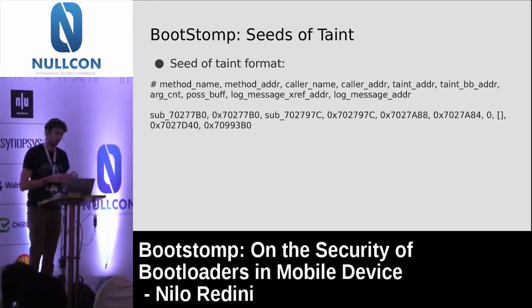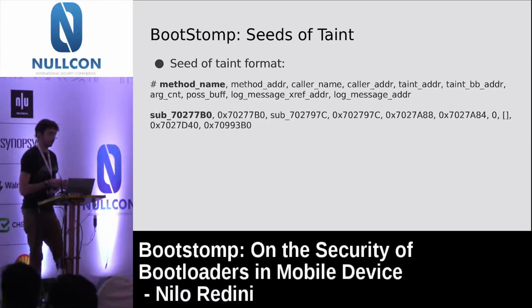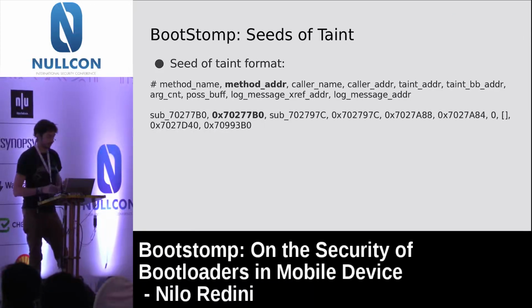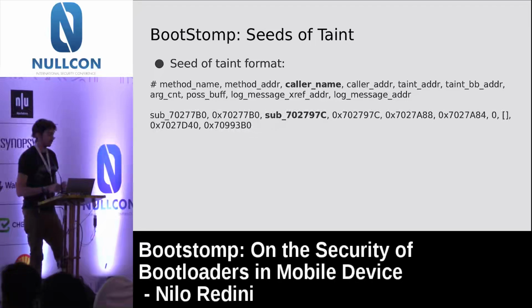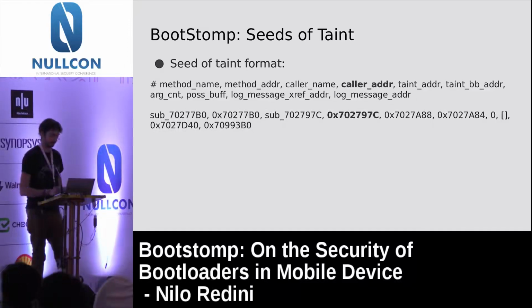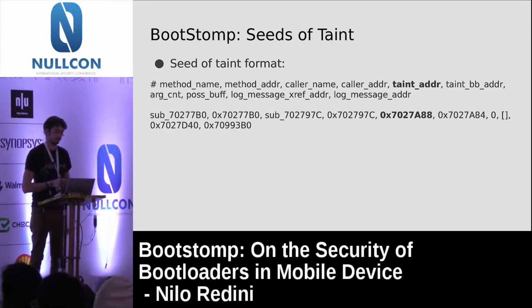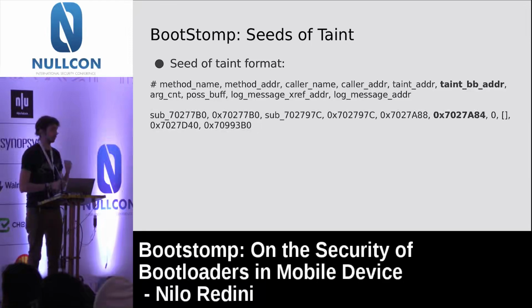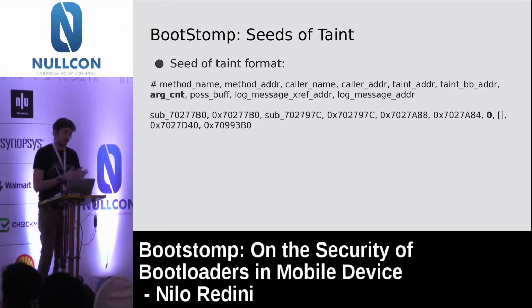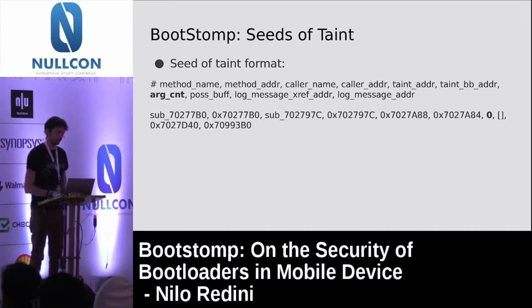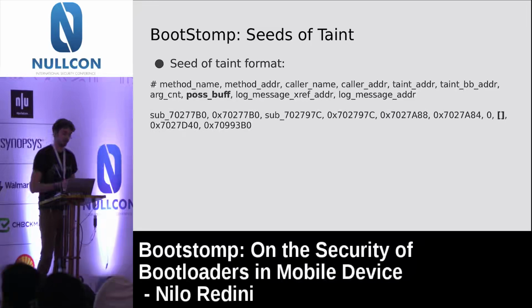Okay, the output produced by this very first step of our tool is presented in this picture. First of all, we get the method name, if it's present, which is the name of the function introducing the taint, the address of this very function, the caller name, which is the name, if present, of the function calling the seed function, the address of this last function, the taint address, which is the address of the instruction having the call to the seed of taint, the address of the basic block containing the call, the number of arguments consumed by this function, and the list of arguments which can possibly be the buffer receiving the tainted data.